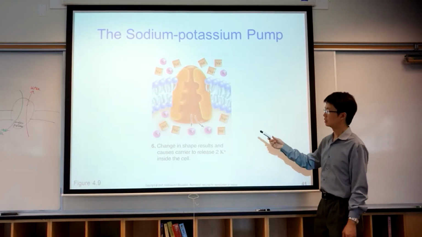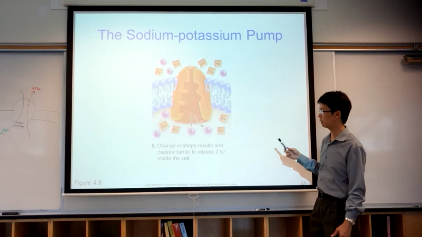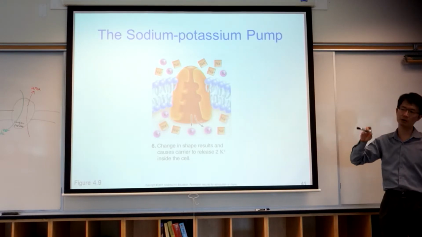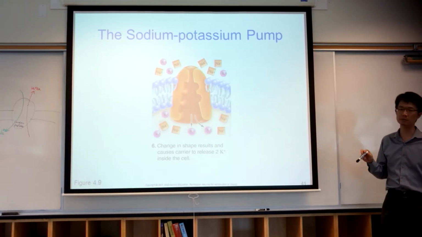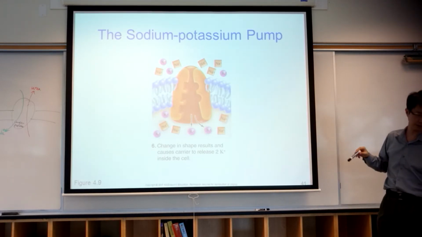Then the carrier protein will release the potassium ions into the cell. So remember the important property of the sodium-potassium pump: it brings 3 sodium ions from inside to outside, but brings 2 potassium ions from outside to inside. So remember, this is 3 and 2.